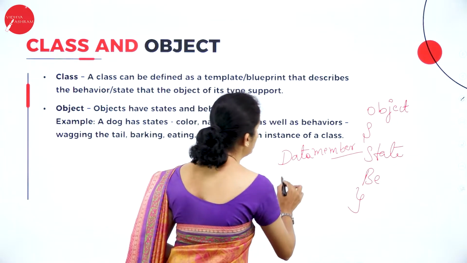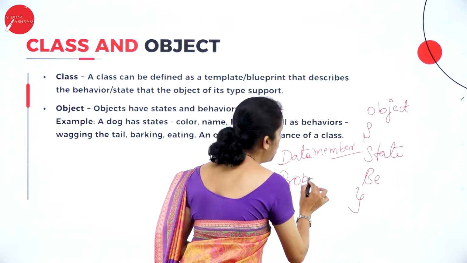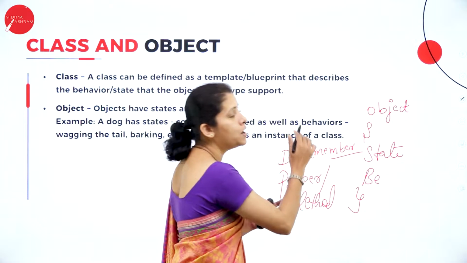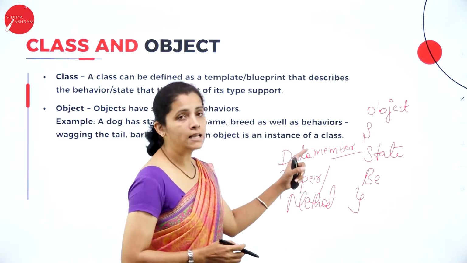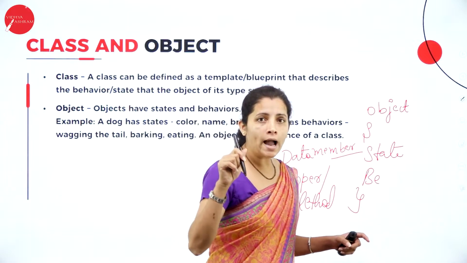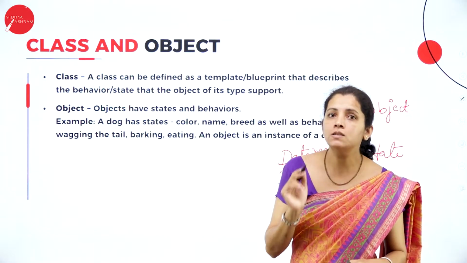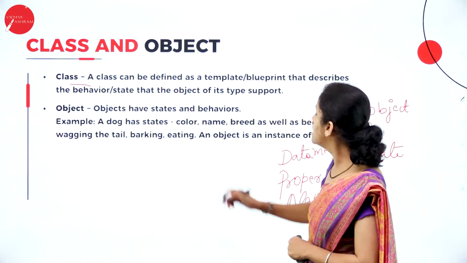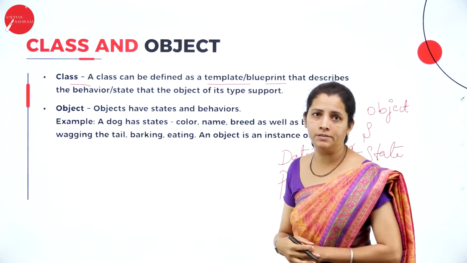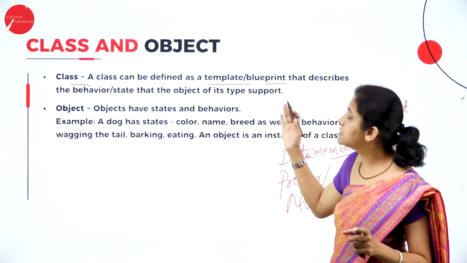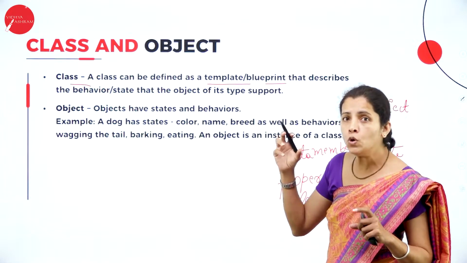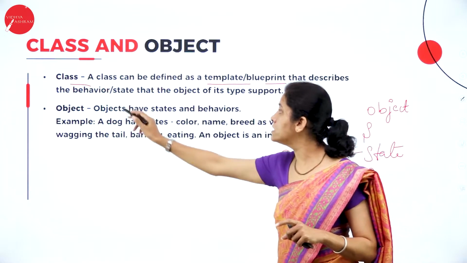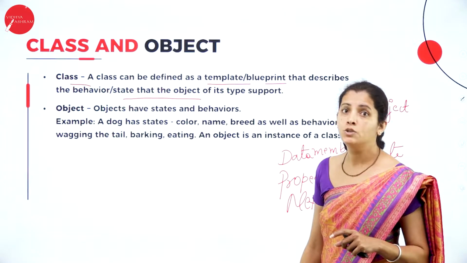Behaviors are nothing but the properties or the methods that are associated with the object. Now, if I consider this pen, it has state as well as behavior. So a class can be defined as a template or blueprint, which describes the behavior or state of the object.